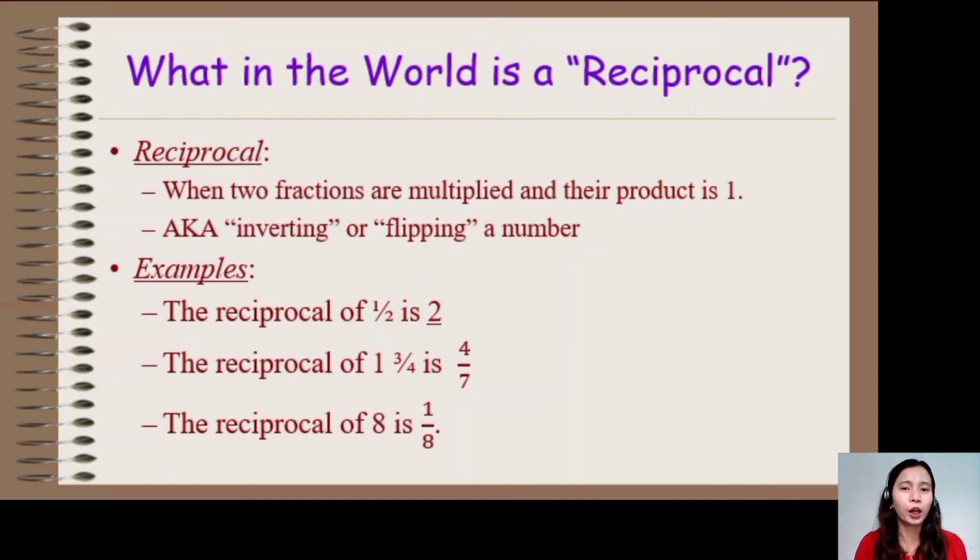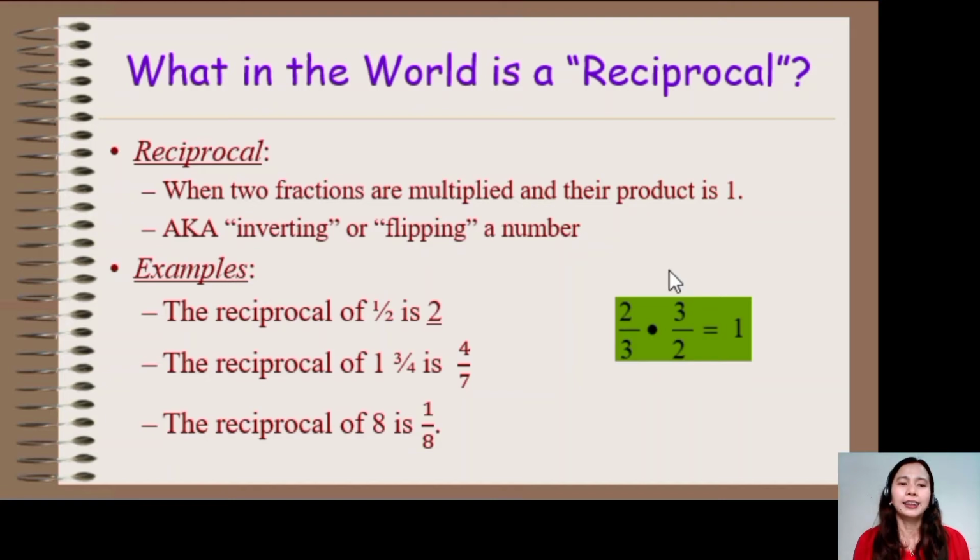What is the reciprocal of 8? So, it is the inverse of the first example. 8 is a whole number. So, the reciprocal, since it is in the numerator, ilalagay mo sa denominator. That is the reason why the reciprocal of 8 is 1 over 8.